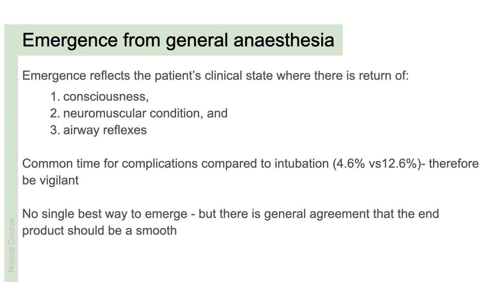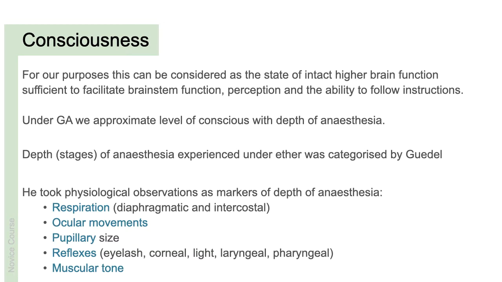And there's no single best way to emerge a patient. But the agreed endpoint is that it should be smooth. So firstly, we're going to cover, taking that first point, consciousness. That has got various metaphysical, philosophical definitions, but for our purposes, this can be considered as the state of intact higher brain function, sufficient to facilitate brainstem function, perception, and the ability to follow instructions.